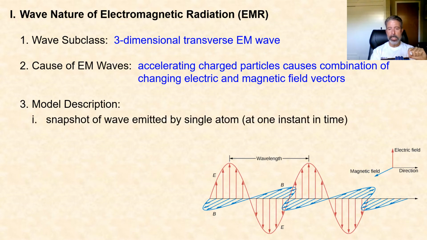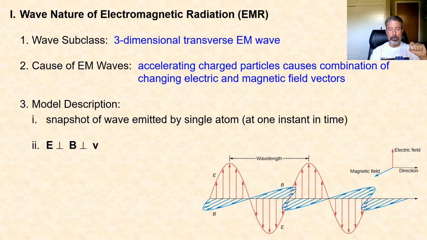So what you're seeing here in the figure is a snapshot of a wave emitted by a single atom, at one instant in time. You notice here that the red shows you the electric field vectors at various positions in space, and the electric field vectors are wave-like; they change in a sinusoidal fashion.